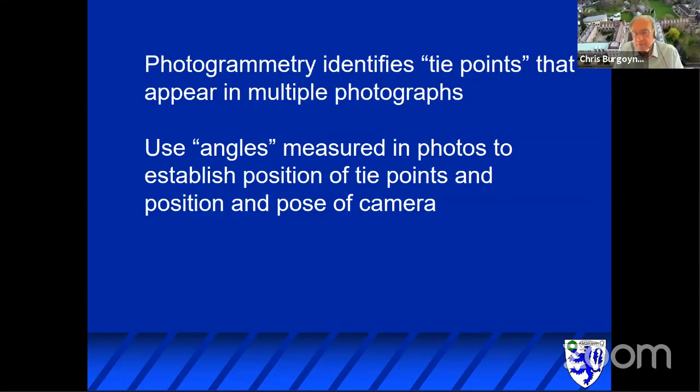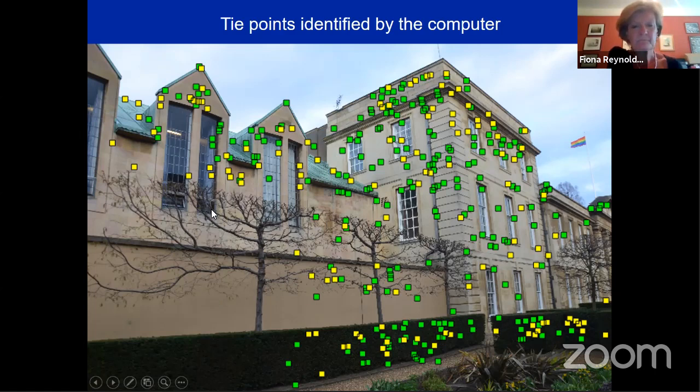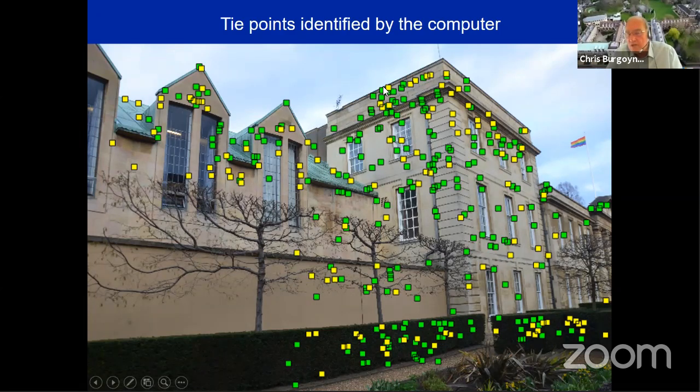Photogrammetry works by identifying points that appear in multiple photographs, which are called tie points, and it uses angles measured in the photographs to establish those positions. This is some of the tie points that have been identified in one photograph. There are 2 sorts of tie points: the ones identified by the computer and the ones identified by the user, i.e. me.